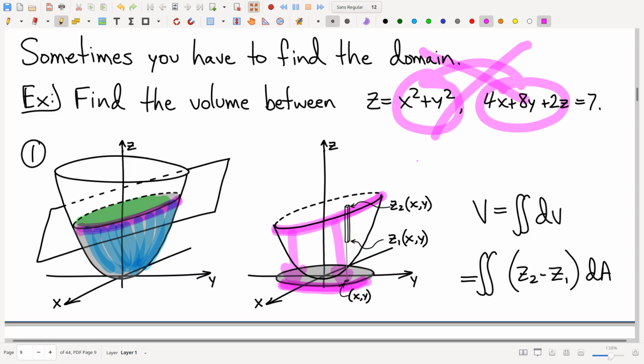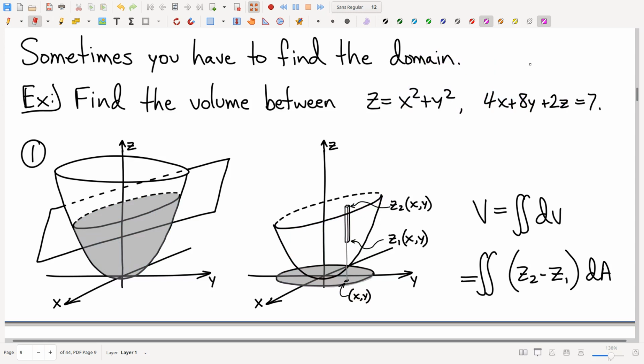Now, let me show you what you should do in this circumstance instead. Let's see here, cleaning up my mess. Again, what I'm looking for is points that are on the boundary. Now, let me observe any point in the domain: there is a value of z that gets me up to the bottom surface, and there is a value of z that gets me up to the top surface.